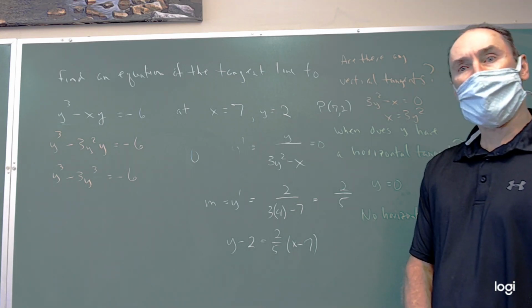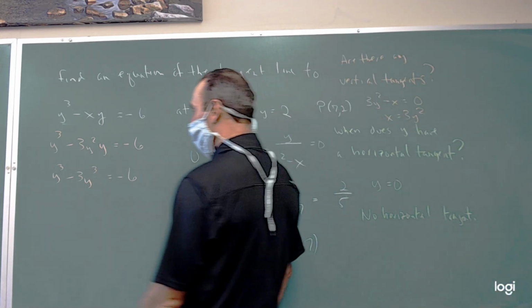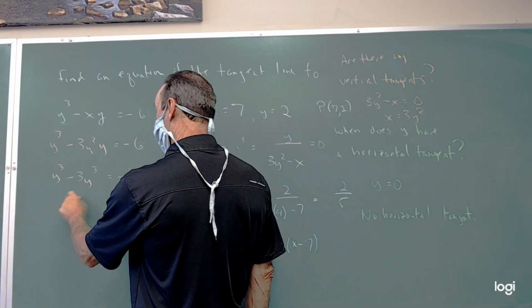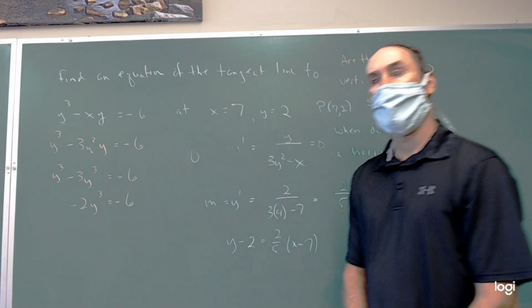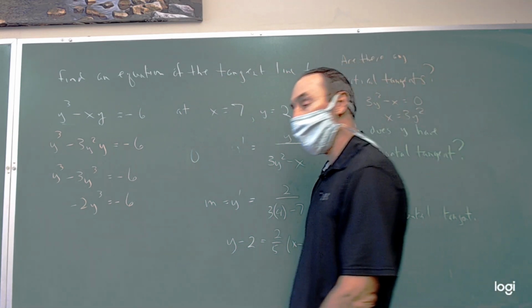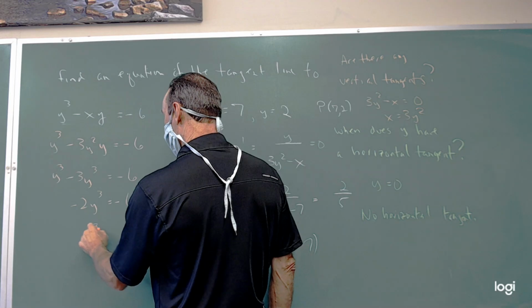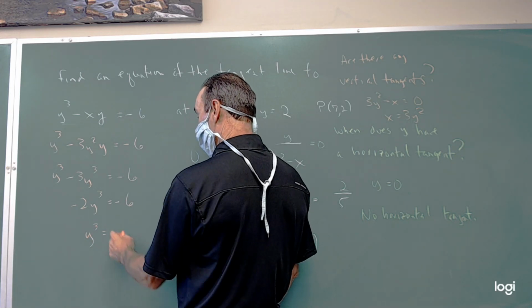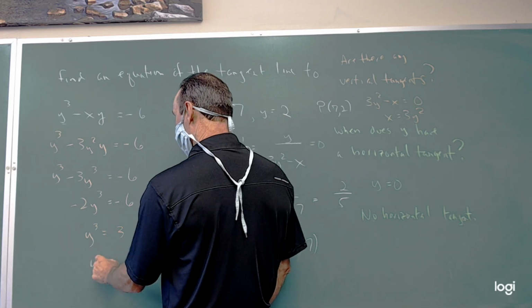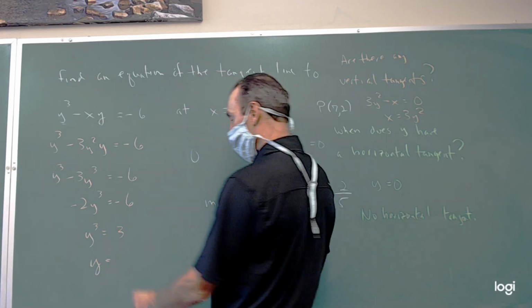What's y cubed minus 3y cubed? Negative 2y cubed equals -6. You divide by the -2, you get y cubed is equal to 3. So y would be the cube root of 3.